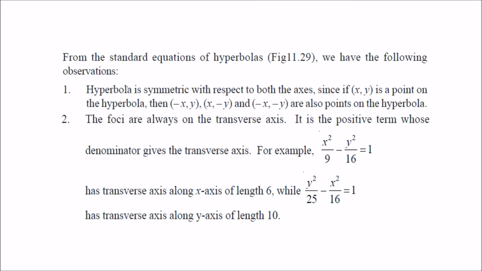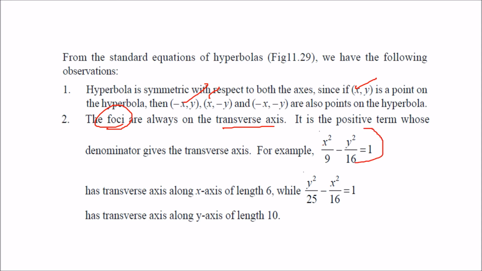We need to observe some more things: that a hyperbola, just like an ellipse, is symmetric, whether it be x y, minus x y, x minus y, or minus x minus y. So the hyperbola is symmetric. And also the focus, or the foci, will always be on the transverse axis. So just take this example.